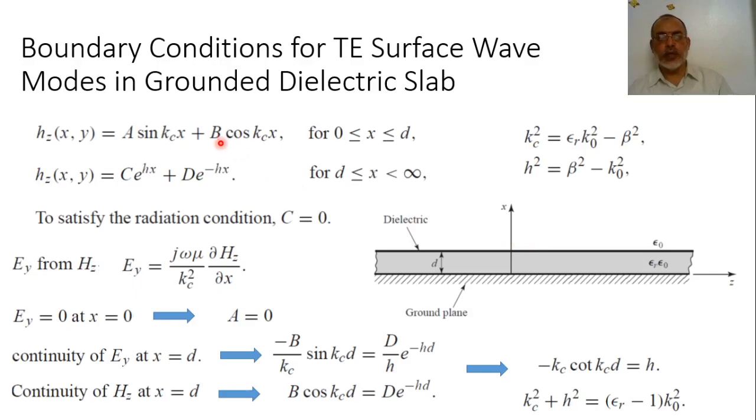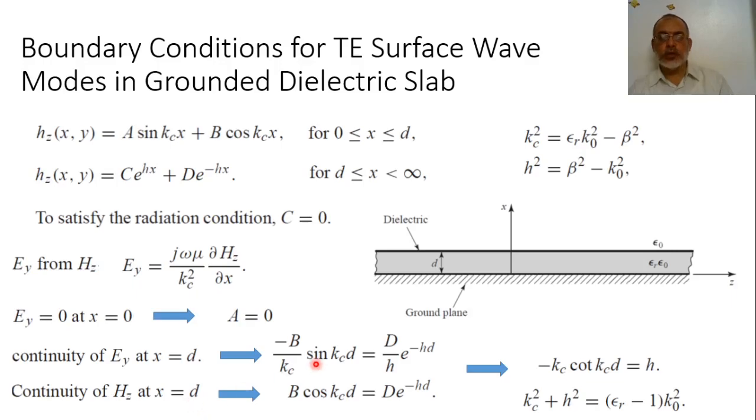The tangential magnetic field inside is b cosine kcd, and the tangential magnetic field in the air is d e to the power minus hd. So here, b cosine kcd equals d e to the power minus hd. This is the continuity of Hz at x equals d.